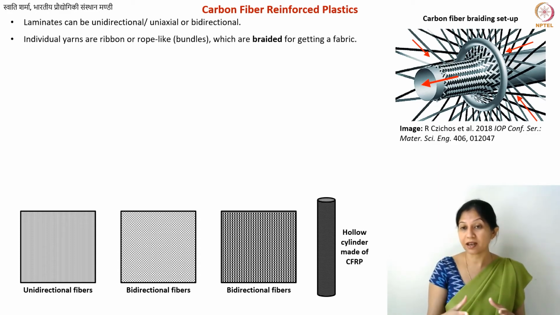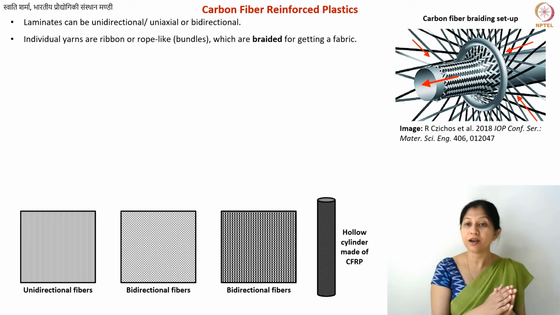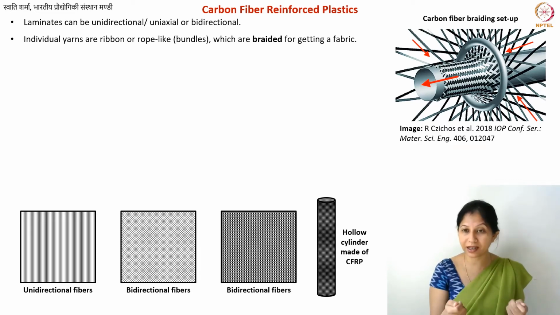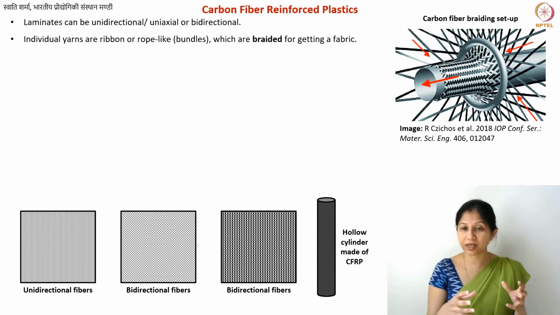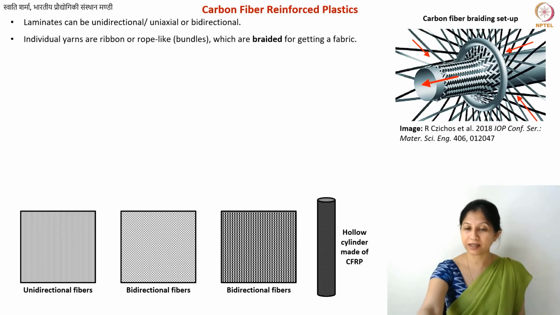So you have fibers woven at a 90-degree angle with each other. And now in this third image, you see that there is a hollow fiber cylinder. First you make the fabric by braiding the carbon fibers, and then you place these fabrics and infuse the resin with different processes, and then you can make any structure by molding. So you can then have these fancy carbon fiber structures.